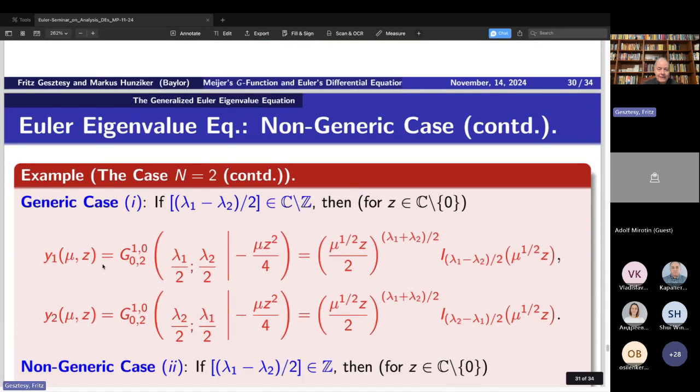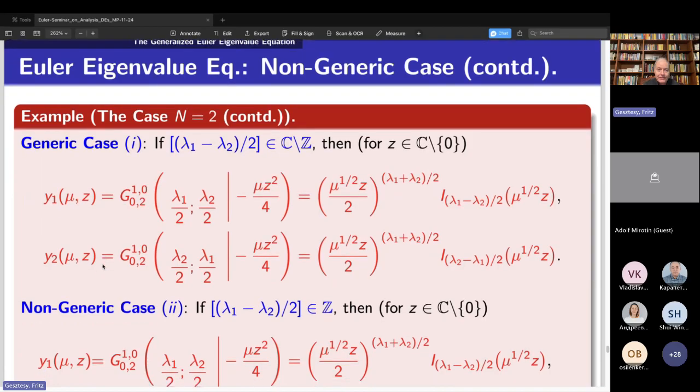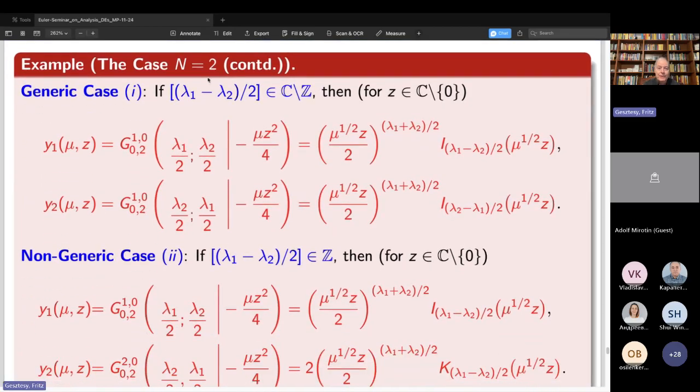So in the generic case, when the difference of the lambdas, we have only 2 here, is not an integer, well, we get I of lambda 1 minus lambda 2 over 2, and then I of minus that expression. You see, it's lambda 2 minus lambda 1, and it's well known that these two functions are linearly independent as long as the subscript here is not an integer, which is exactly our generic condition here. Now, in the non-generic case, this doesn't work.